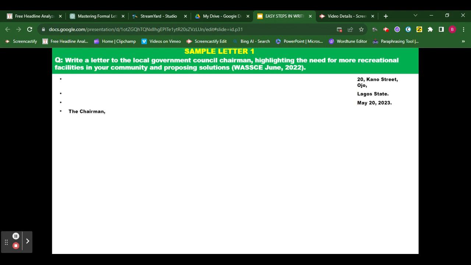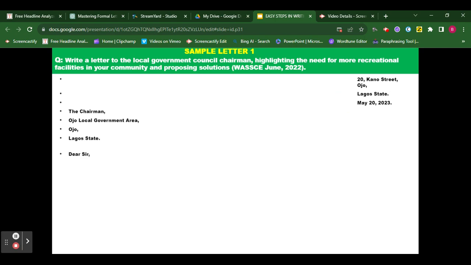Okay. If you are writing for the West African Senior School Certificate Examination, you don't need to include the name of the chairman. Simply write the chairman, okay, followed by the address, Ojo Local Government Area, Ojo, Lagos State, full stop, okay? So now you have the writer's address and date, and you have the receiver's official designation and address.